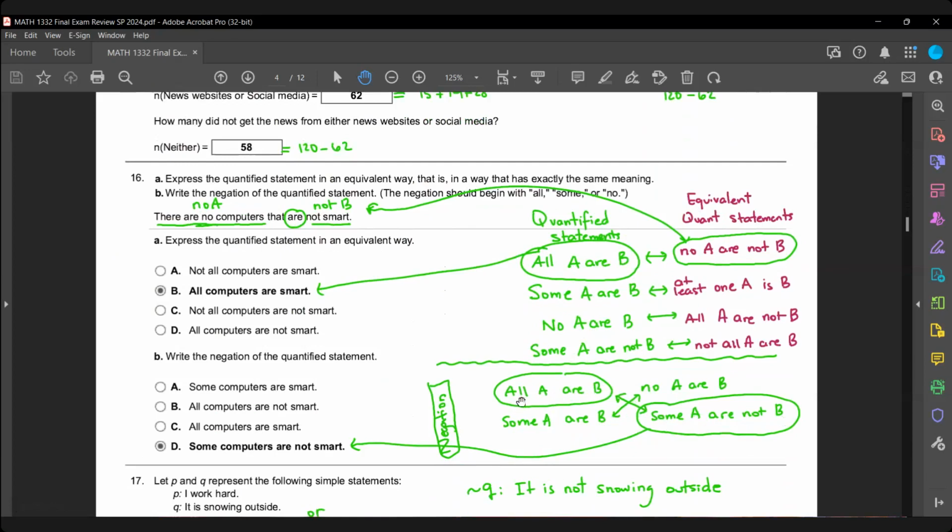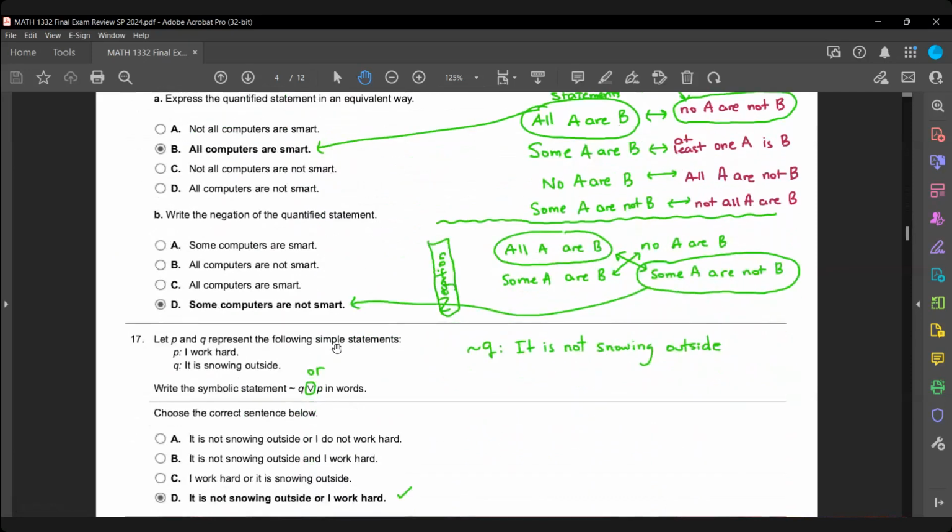The negation of all A are B is some A are not B. The negation of no A are B is some A are B. But in this particular case, the quantified statement was of the form all A are B, so its negation is some A are not B.